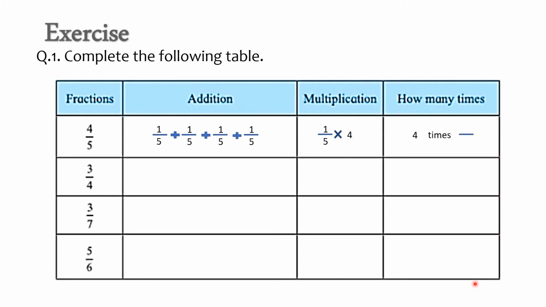The same fraction is written in multiplication form as 1 upon 5 into 4. And in the next column, how many times? Means 4 times 1 upon 5.